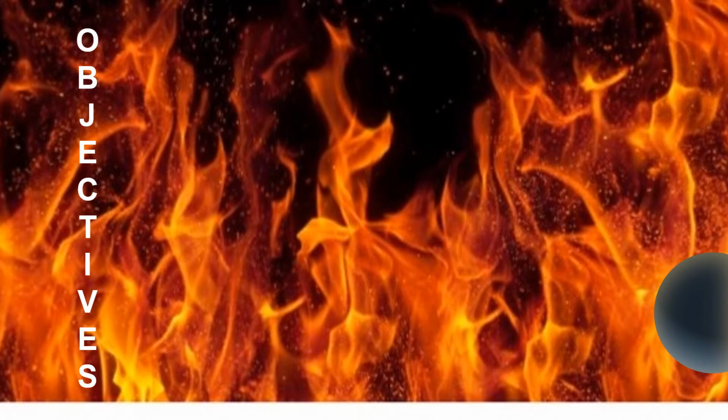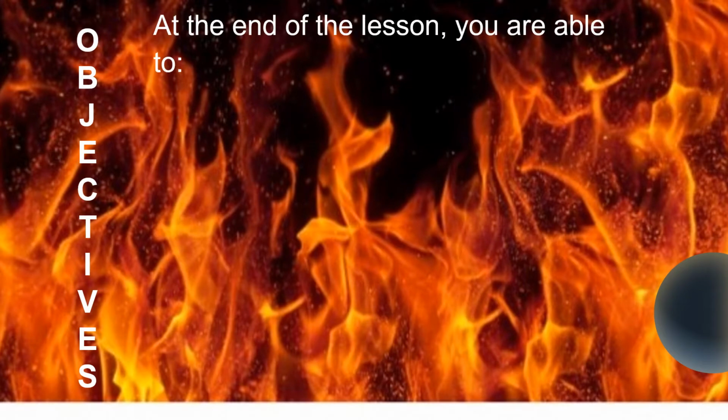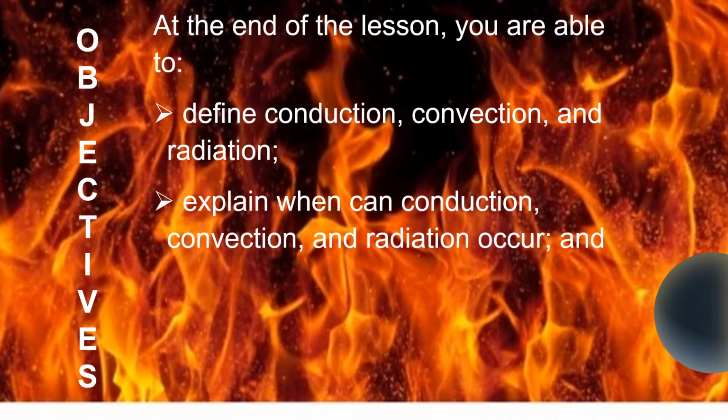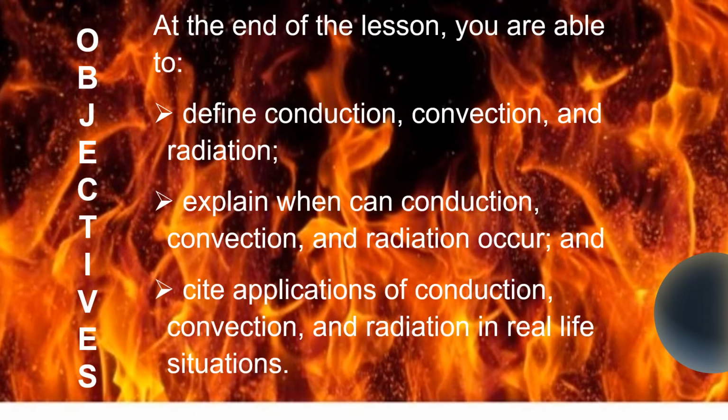Our objectives are: at the end of the lesson, you are able to define conduction, convection, and radiation. Explain when conduction, convection, and radiation can occur, and cite applications of conduction, convection, and radiation in real-life situations.